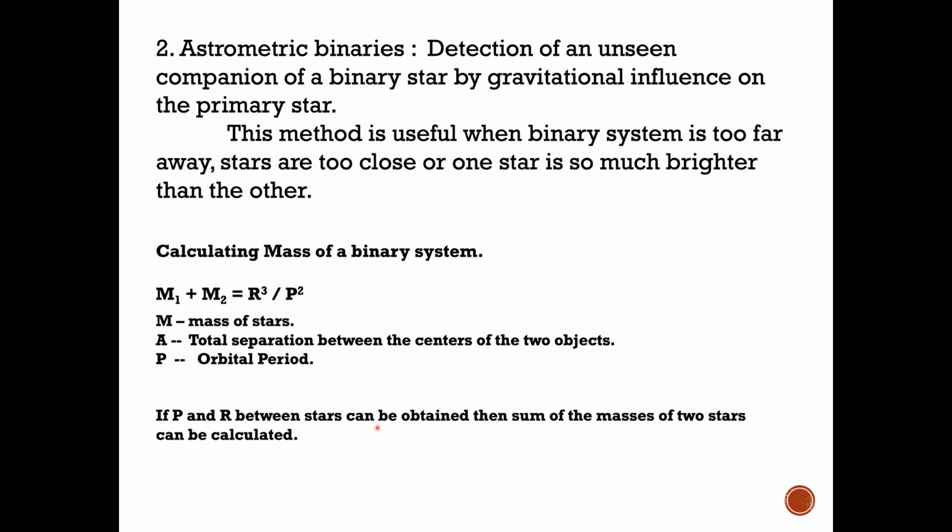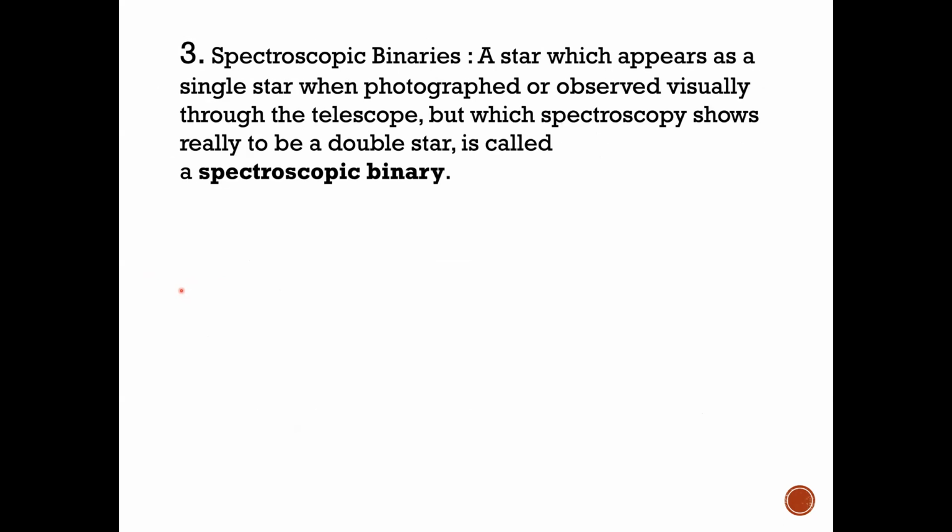P and r between the stars can be obtained, giving the sum of the masses of the two stars. If you can use another method to measure the mass of the primary star, then using this equation, you can actually find the mass of the secondary star, right? So that is called astrometric binaries.